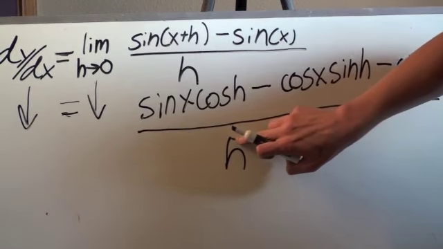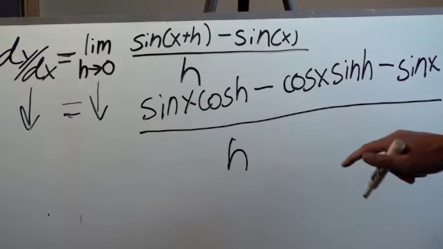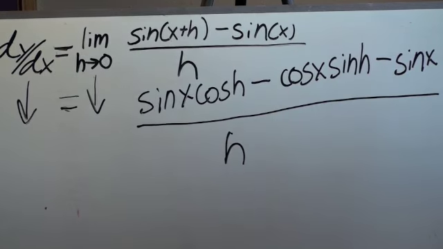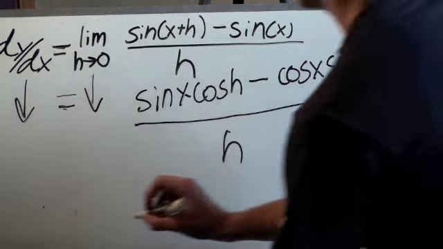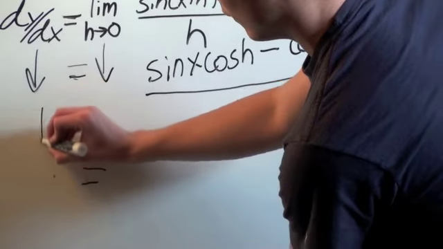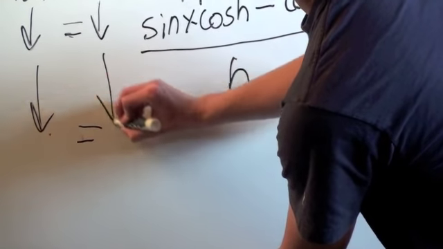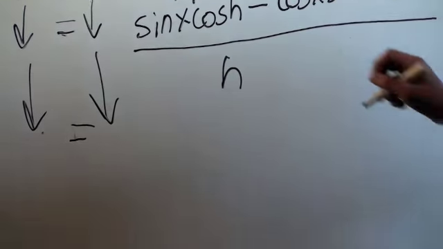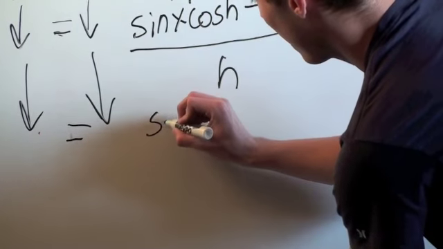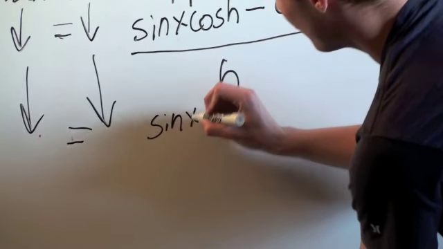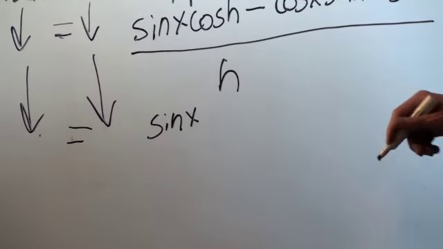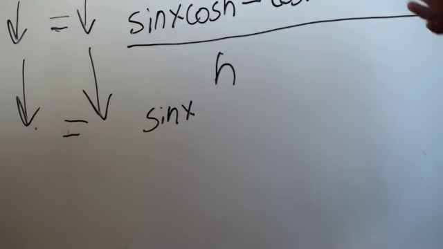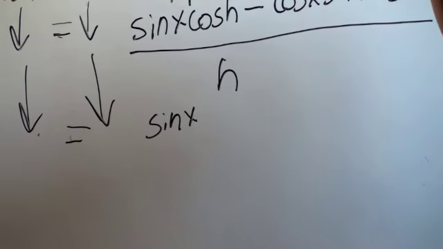Sorry about that h, guys. Alright, so that's our second step. Now, we get into the real fun stuff. Bring down our other equal sign. Let's get that going. And then we get the sine of x, which is right here. And then cosines and sines are pretty much almost complementary of each other, you could say.